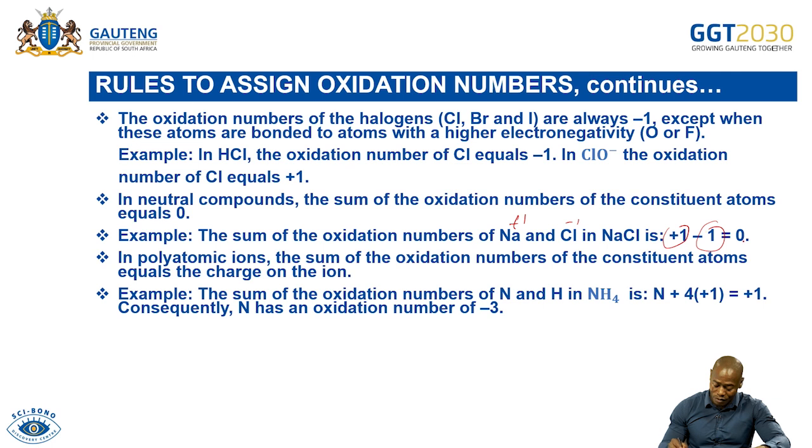Plus 1, negative 1, you are getting 0. So the sum of oxidation numbers for neutral compounds should always be equal to 0. Let's not forget that.